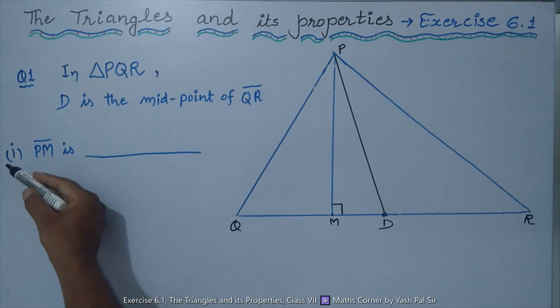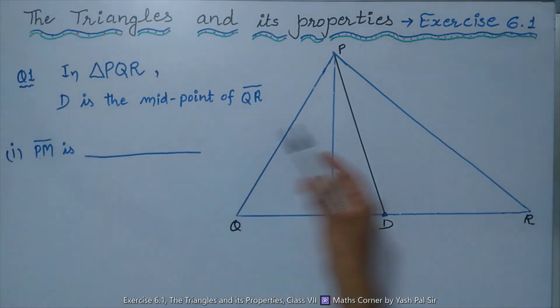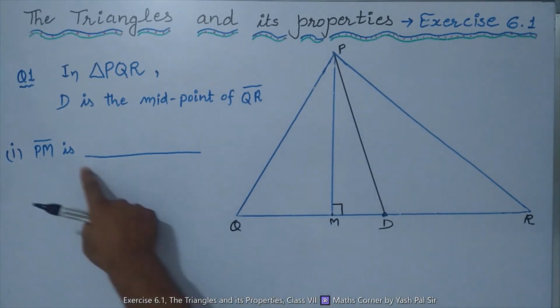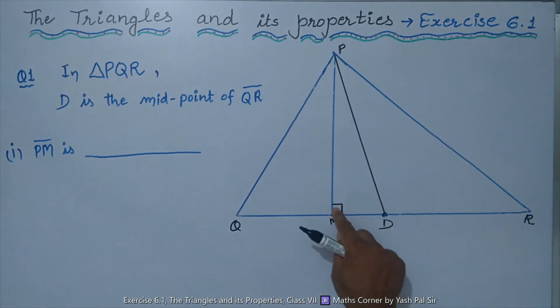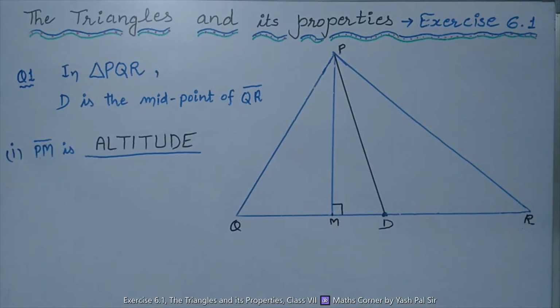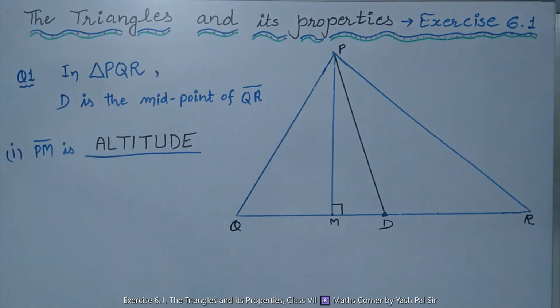So what is our first part? First question, line segment PM. What is this? This is obviously the altitude, because it makes a 90-degree angle. Line segment PM is the altitude of the triangle PQR.